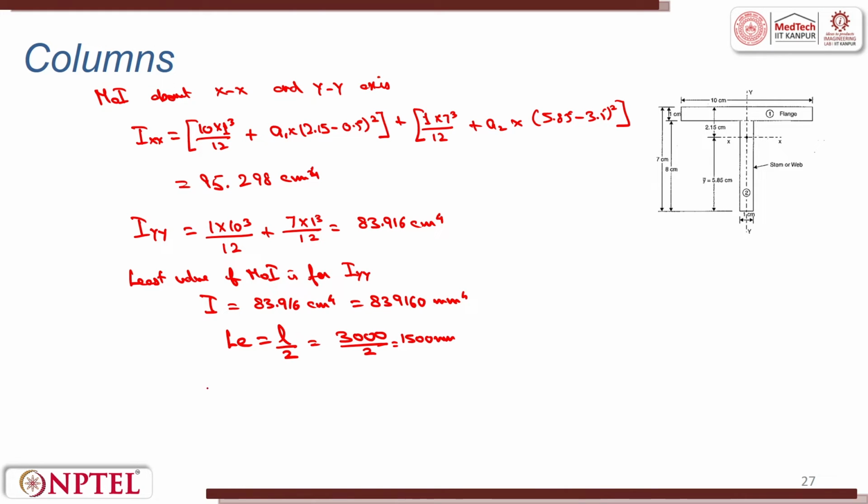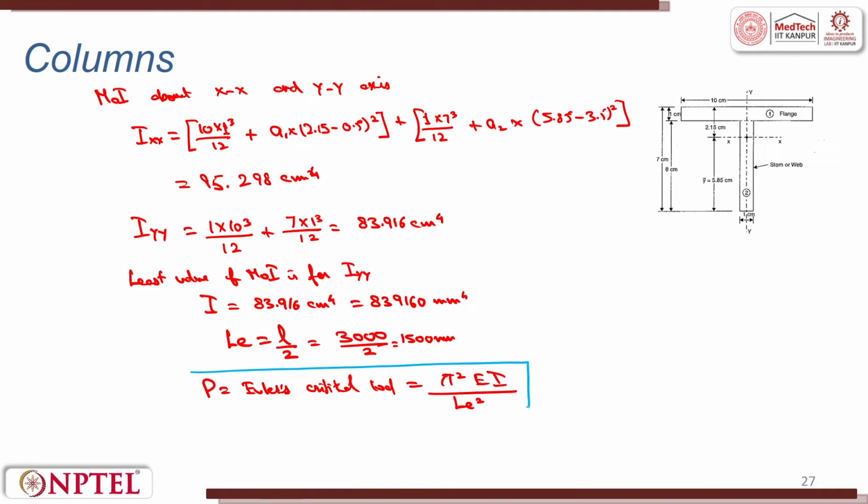Now, Euler's critical load P is equal to pi square EI by effective length square. This relation also you should note. The references are given for Euler's load.